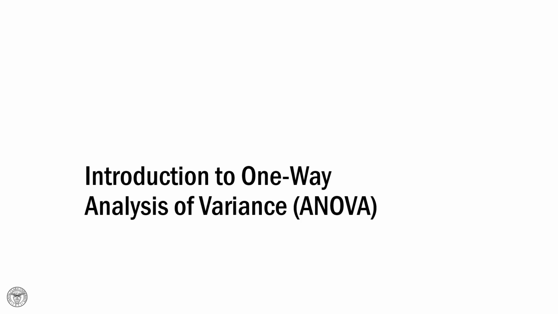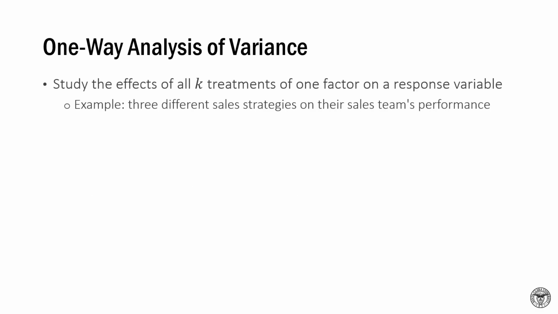ANOVA serves as the appropriate analytical method for this type of experiment. The objective of ANOVA is to analyze the effect of K treatments of one factor, for example, sales strategies, on a response variable, for example, sales team's performance.